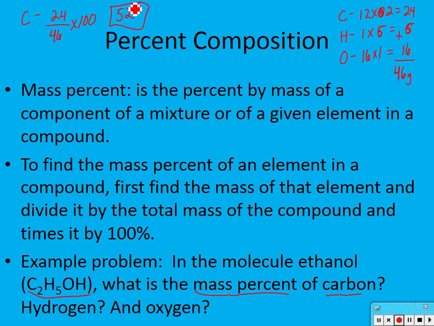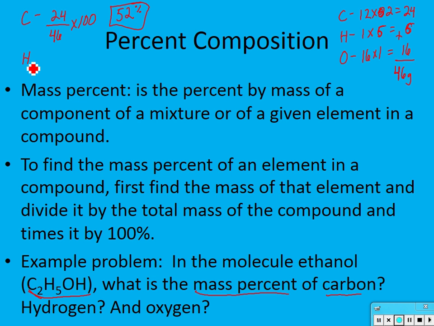So what does that mean? If we're talking about the mass of ethanol, C2H5OH, this molecule right here, 52% of its mass comes from which element? Carbon. That's kind of cool. More than half of the mass comes from carbon. Now let's figure it out for hydrogen. I'm going to do the same thing.